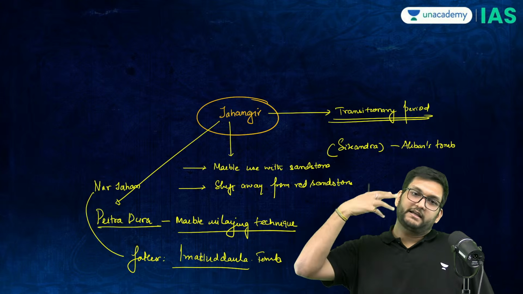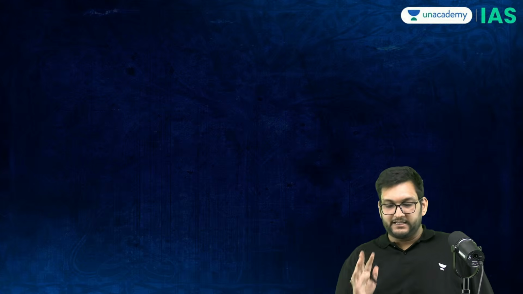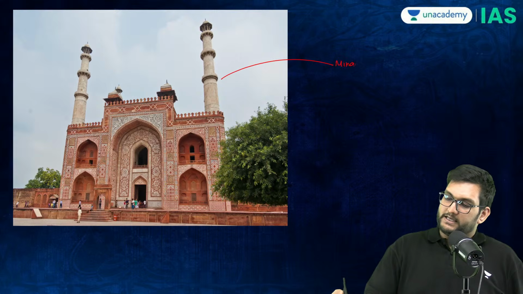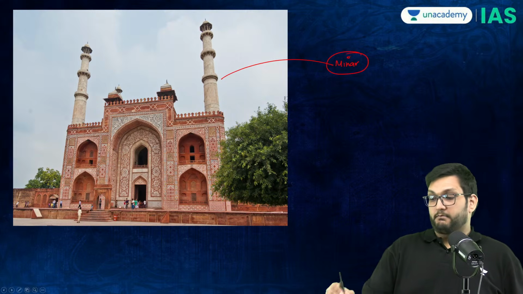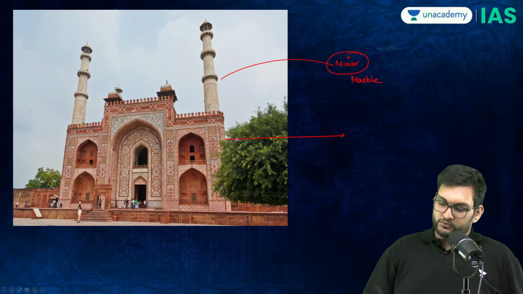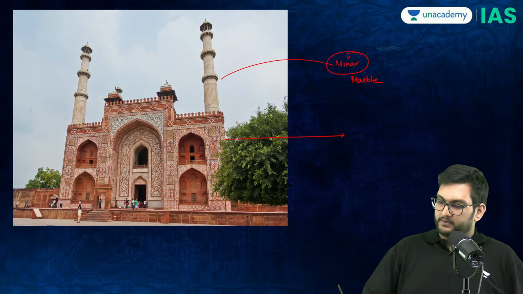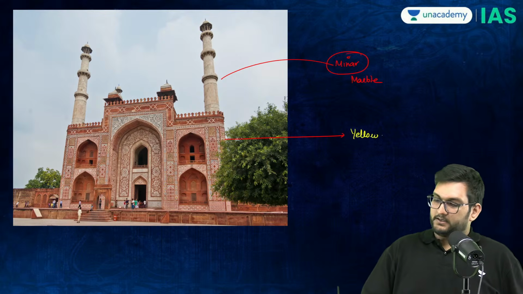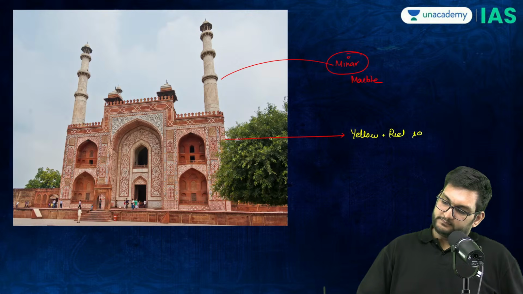Charbagh, that is there. But Jahangir, this is Akbar's tomb. And you can see that there are both elements now. The Minar is making a comeback, but it is marble. There's extensive use of yellow and red sandstone.